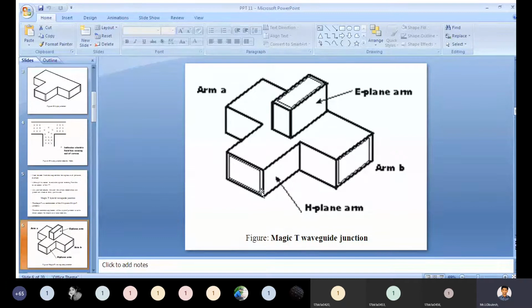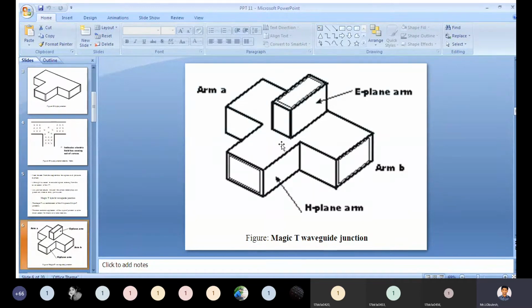In this diagram, a simplest version of the Magic T waveguide junction with its 4 ports. You need to remember, in the previous one we had only 3 ports, 1, 2, 3. But here we have 1, 2, 3 and 4.